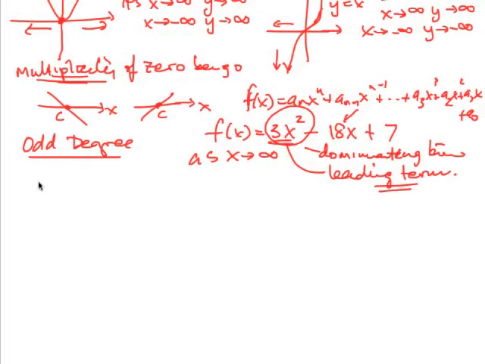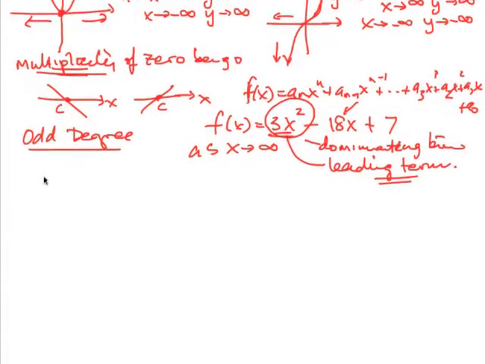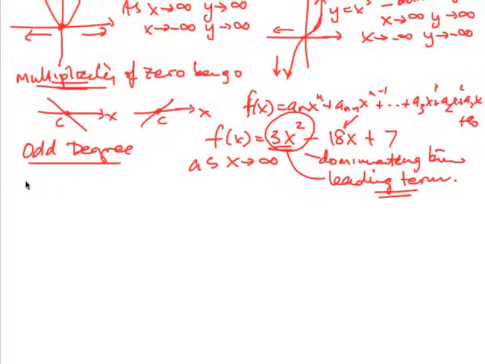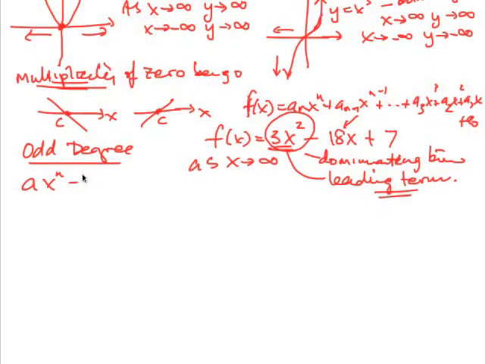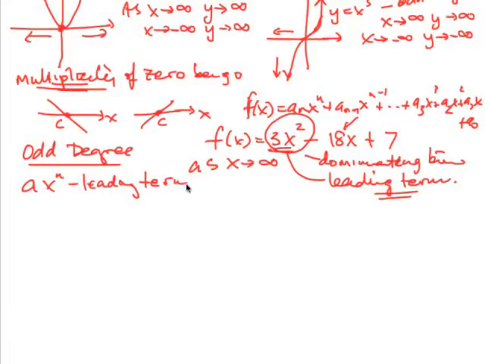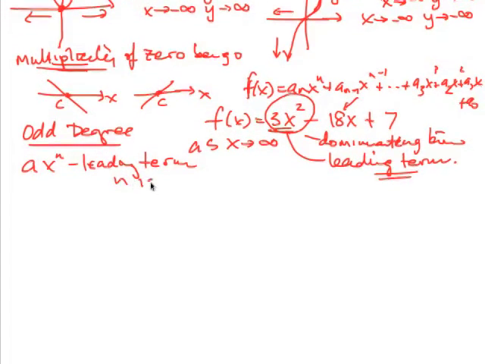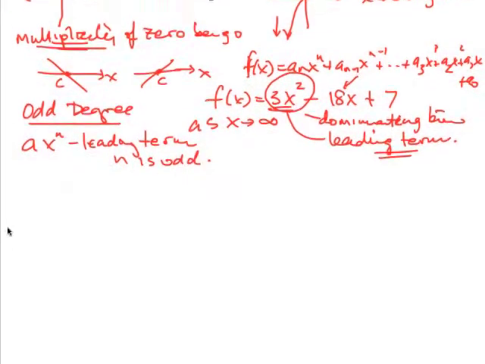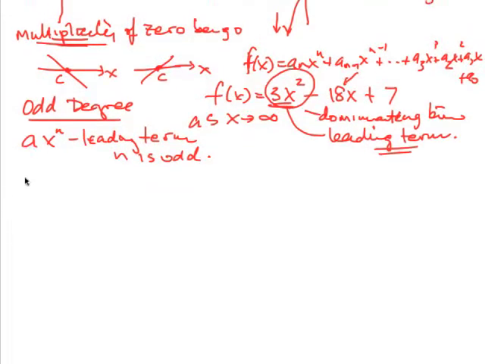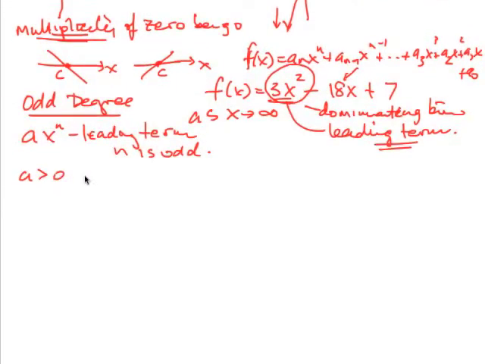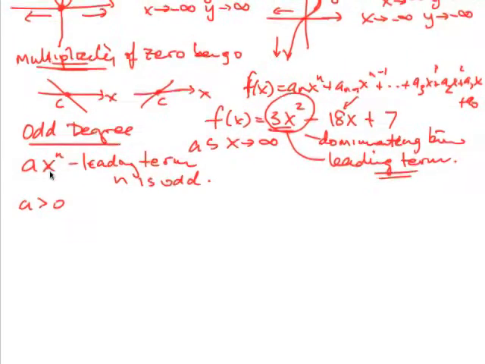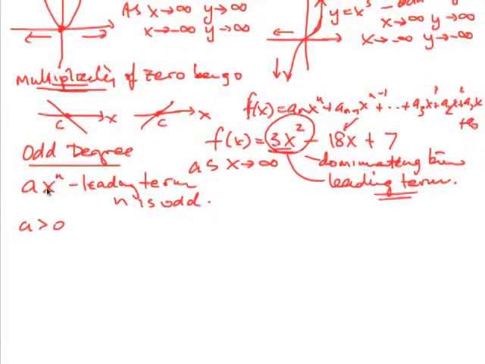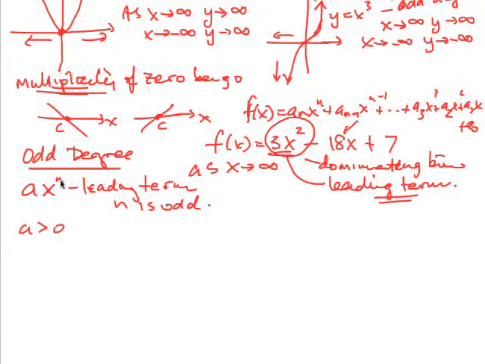So we're now looking at the situation where ax to the n is the leading term, and n is odd. If that's the case, and a is positive, then it's going to maintain the same sign as x to the n.